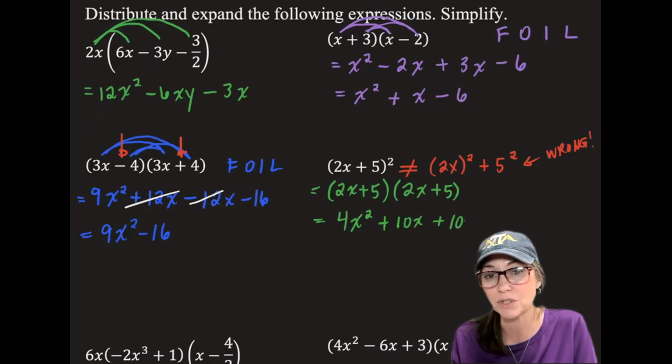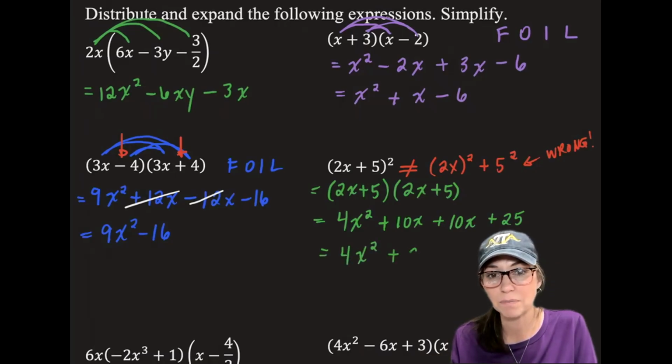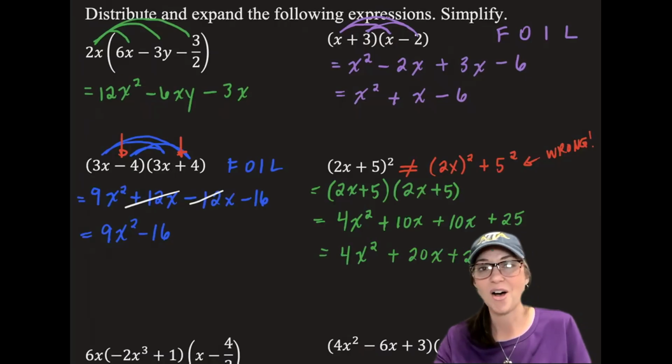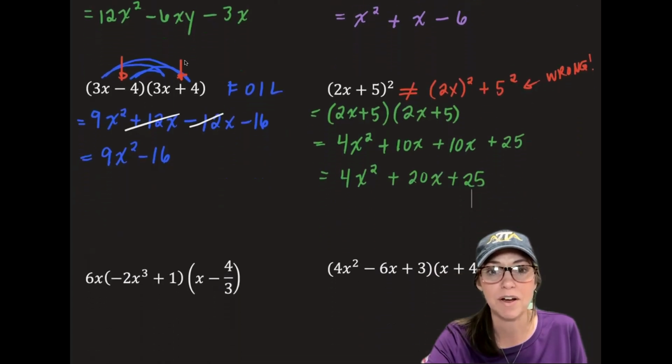If you can jump to plus 20x in your head, that's fine. All right, and then 5 times 5, that is 25. So those outer and inner terms do add together. So this simplifies to 4x squared plus 20x plus 25. All right, so those are some great examples of binomials and just distributing a factor out front, okay?